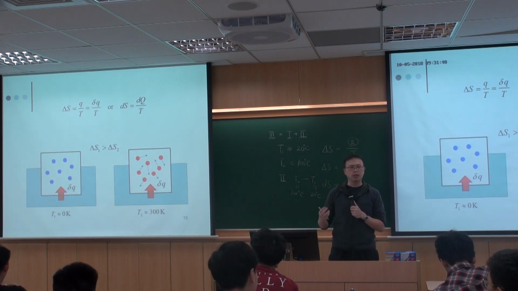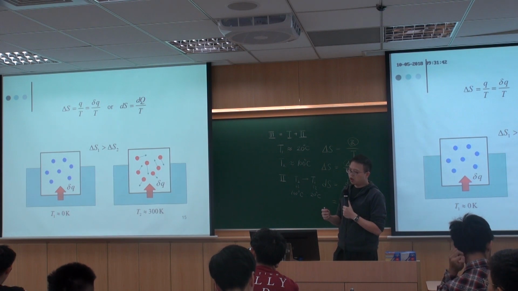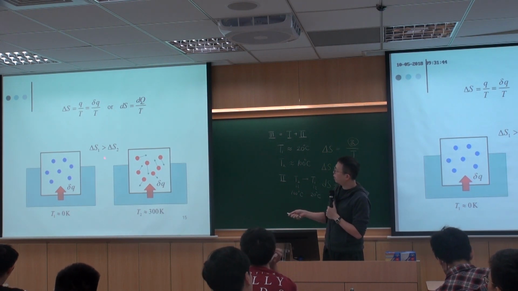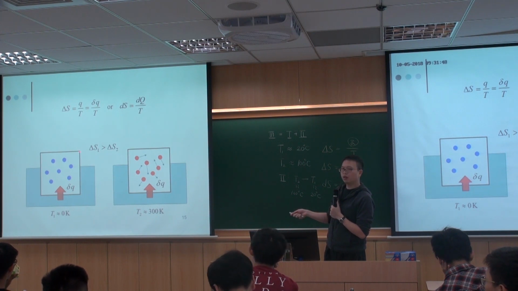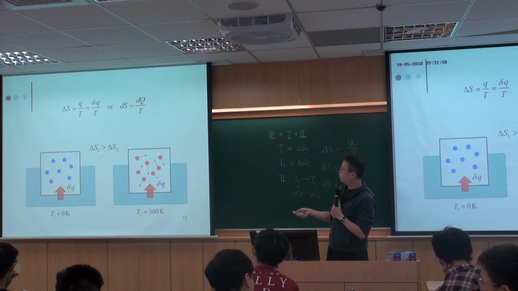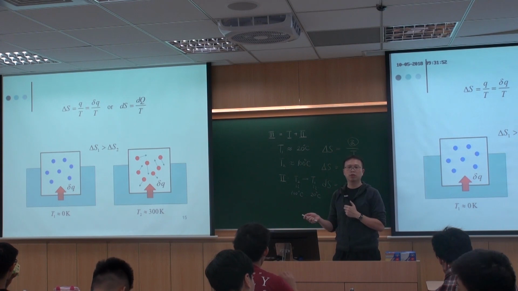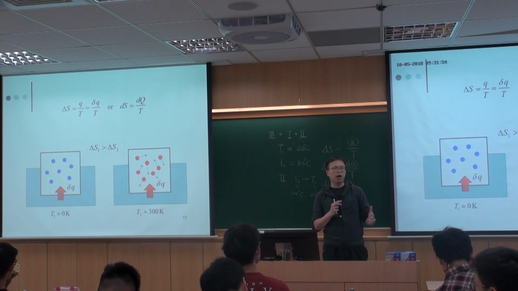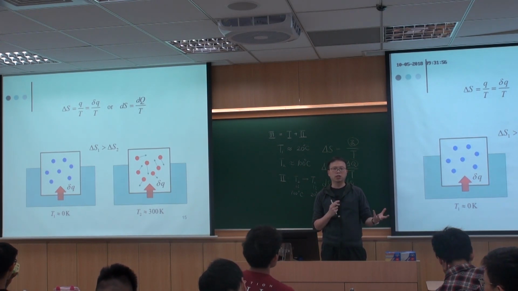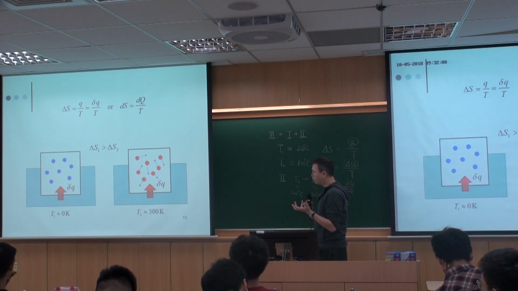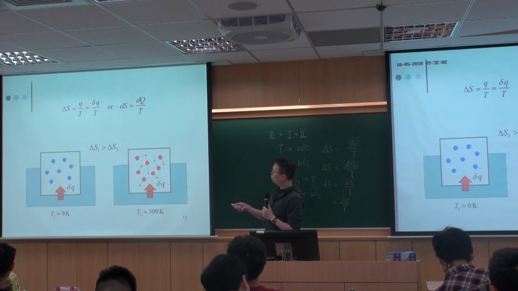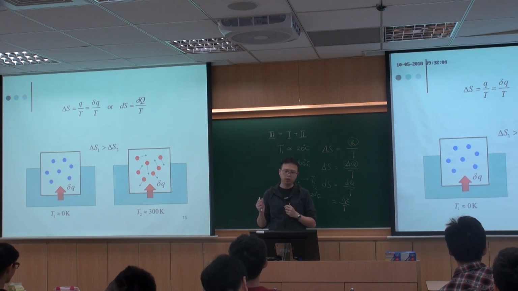So in terms of the microscopic view, we can understand why, in this case, the change of entropy is larger for the low temperature system compared to the high temperature system. It is because for the high temperature system, the system is already very random. It has a lot of random motion for these microscopic particles.